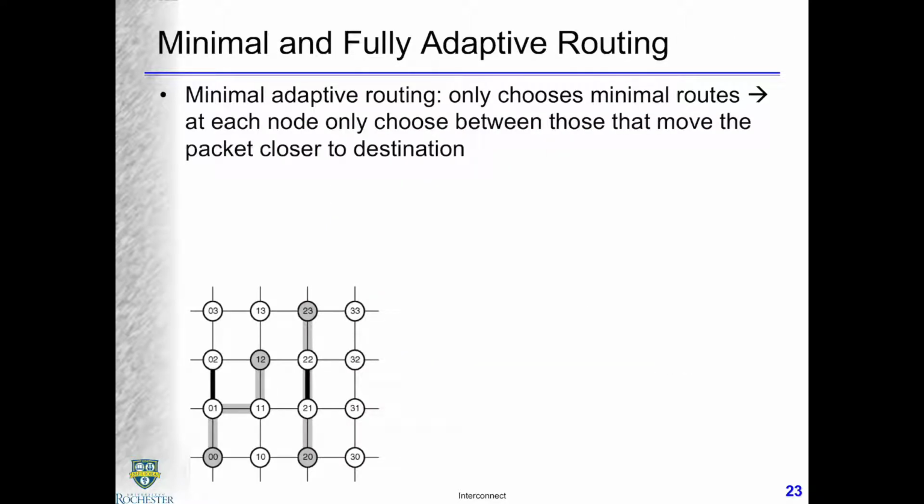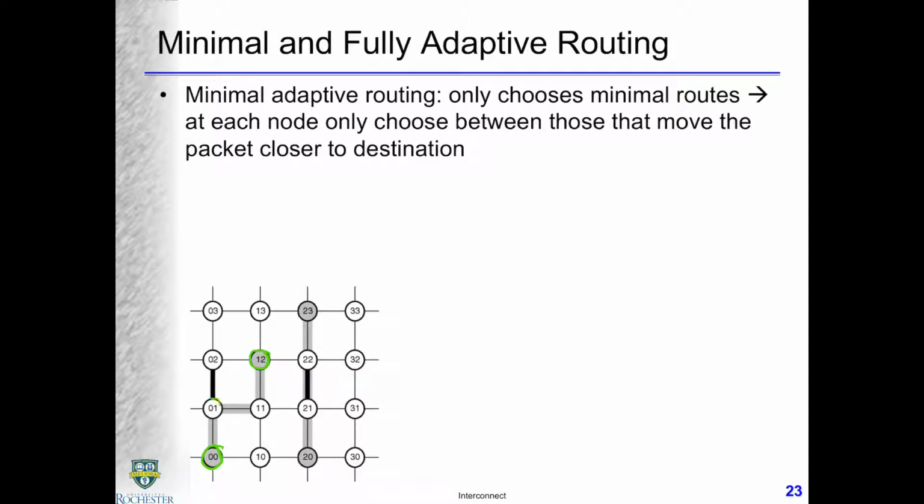So minimum adaptive routing says, I'm doing adaptive routing, but I still want minimum routes. Fully adaptive routing says, okay, detours may be a good idea, even though it sounds longer, but you have less time waiting. In this example, from 0,0 to go to 1,2, minimum adaptive routing would be fine.